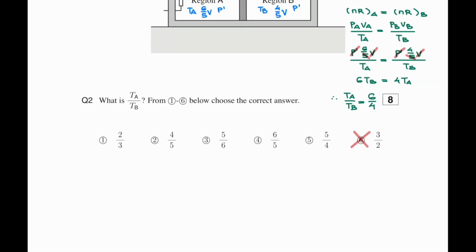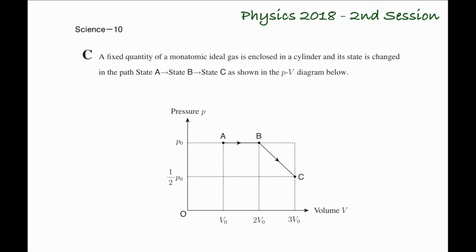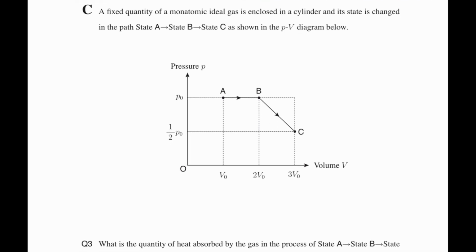Let's proceed to question number 9, which is my last question in this video. For number 9, a fixed quantity of a monoatomic ideal gas is enclosed in a cylinder and its state is changed in the path A to B to C, as shown in the PV diagram below.